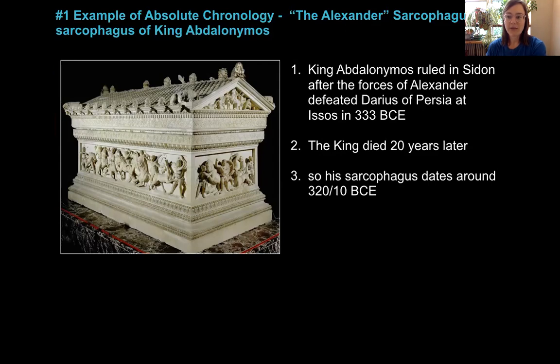So we can date this sarcophagus because we know who it was for, Abdolonymus, and we know that he was appointed by Alexander as a ruler after a battle in 333. We know also from histories the king dies a couple of decades later, so this means that his sarcophagus has to date after Issus in 333, but can't go past 20 years later. So we have a date of about 320, 310 BCE.